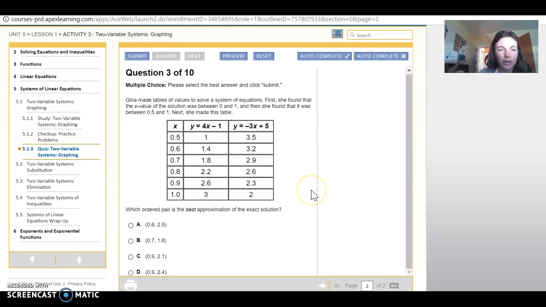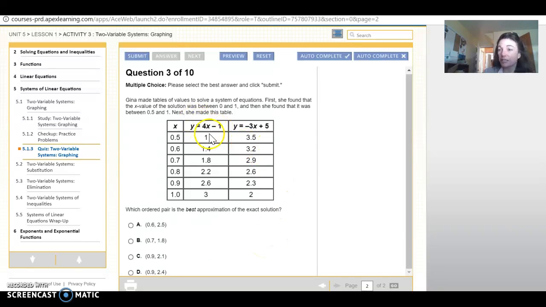Okay, this is a little different problem. Gina made a table of values to solve a system of equations. First, she found that the x value of the solution was between 0 and 1, and then she found that it was between 0.5 and 1. Next, she made this table. Which ordered pair is the best approximation of the exact solution?